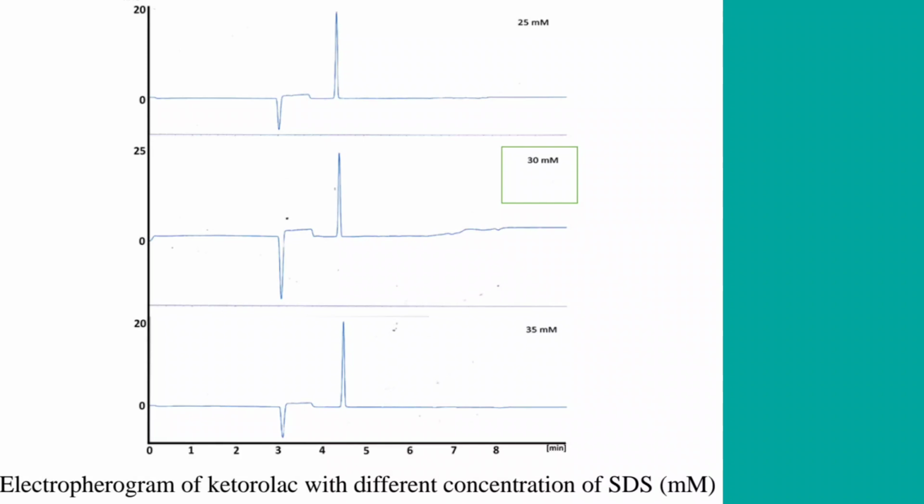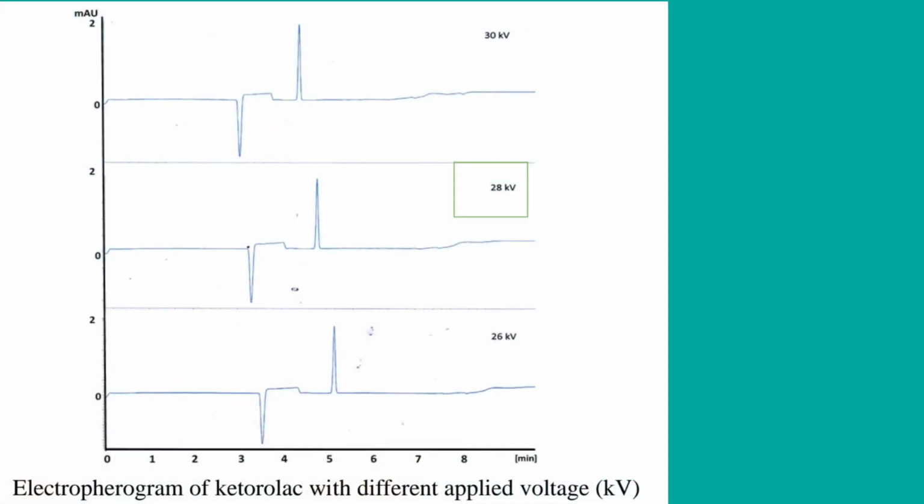Then we also optimized the applied voltage at 26 kilovolt, 28 kilovolt, and 30 kilovolt. As can be seen in the figure, 30 kilovolt gives the best condition, a rapid analysis of ketorolac in less than 5 minutes.